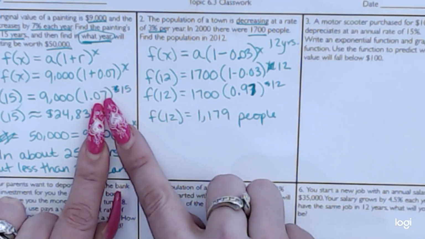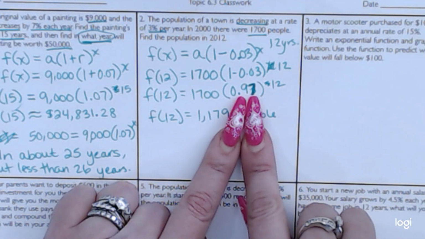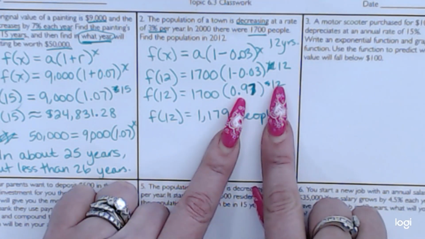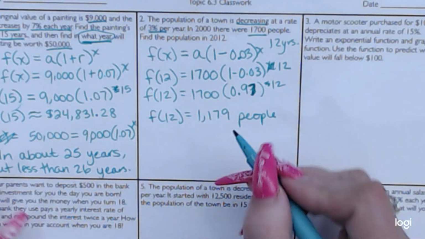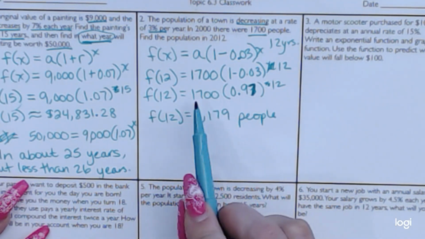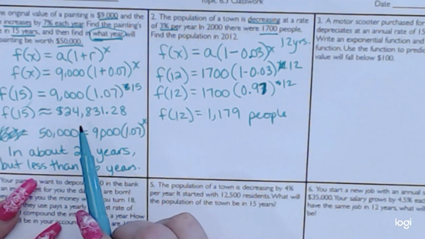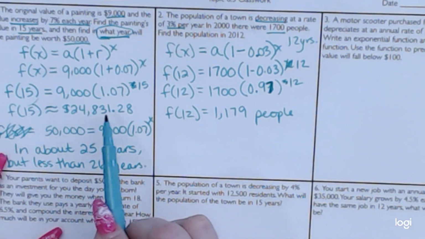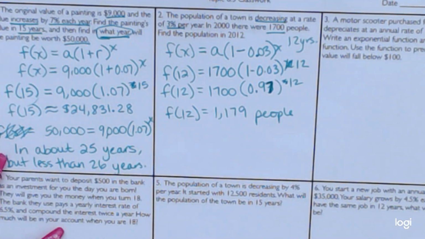So this is the same as 97/100 because it's just 97%. Take that to your exponent and then multiply it times your initial value. And it should make sense that you have a number smaller than your initial value because it's a decrease, it's a decay. Over here, it should make sense that you have a number larger than your initial value because it's a growth, it's an increase.